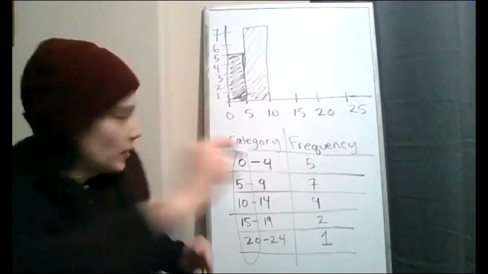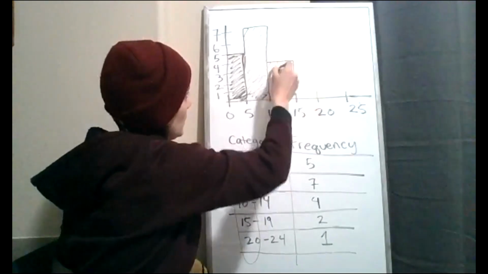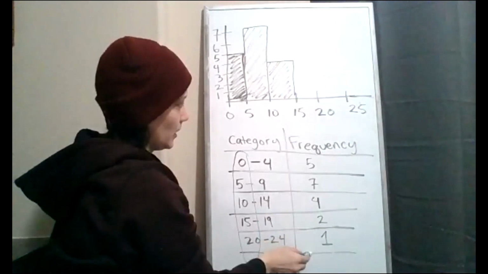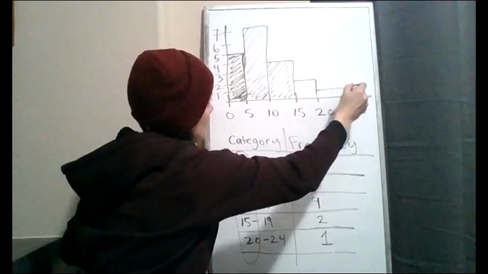Next one goes up 4 and over to 15. 2, then 1. So 2, 1, almost there.